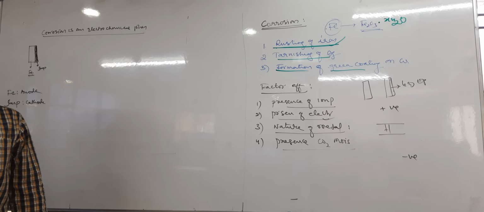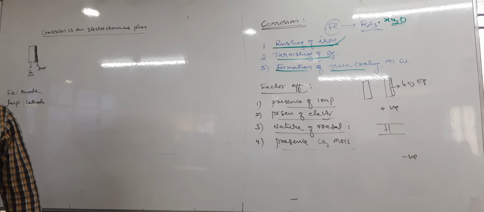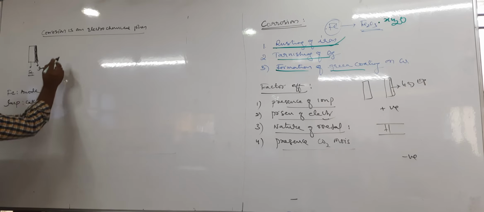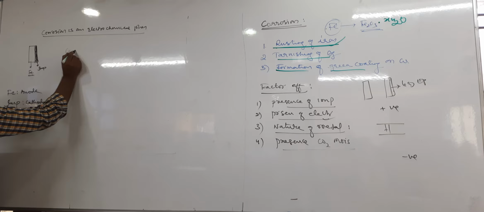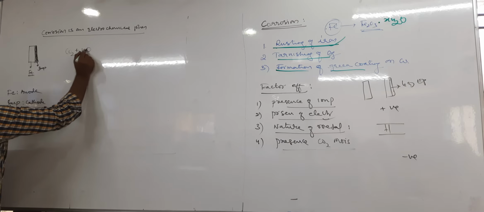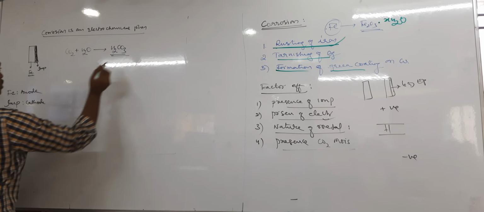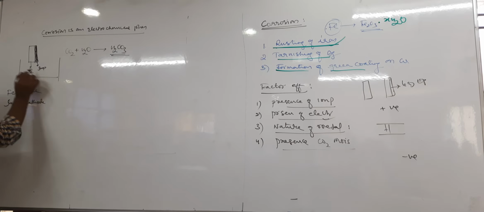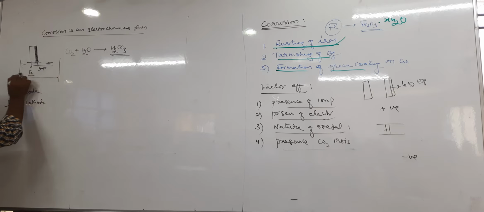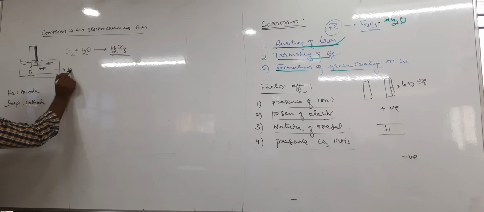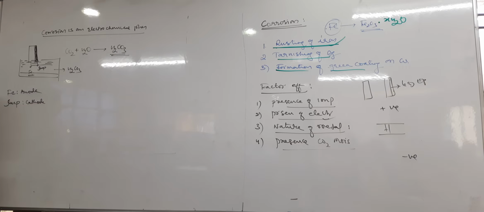Therefore, CO2 plus H2O gives H2CO3, carbonic acid. That H2CO3 acts as the electrolyte.